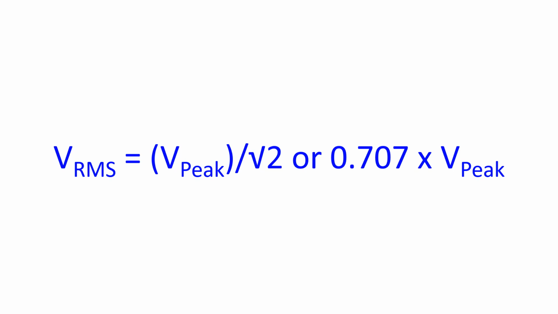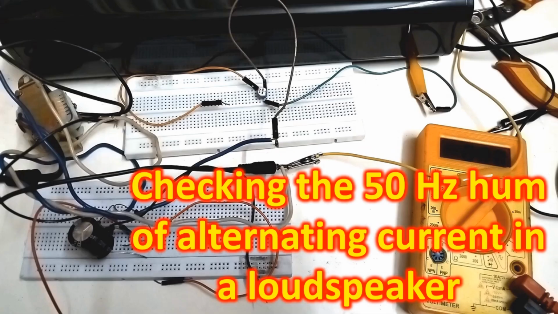It is calculated by finding the mean of the squares of instantaneous values and then taking the square root. RMS voltage will be equal to peak voltage divided by square root of 2. It will be equal to 0.707 times peak voltage.